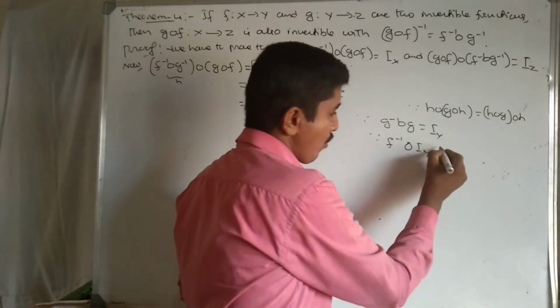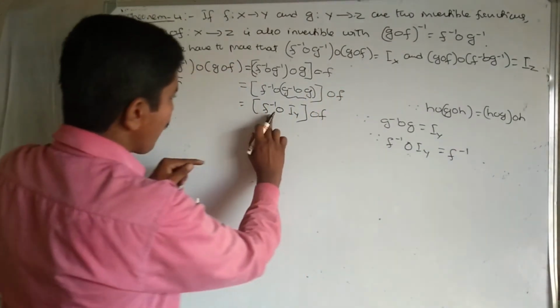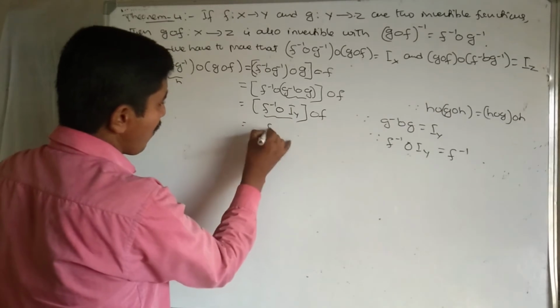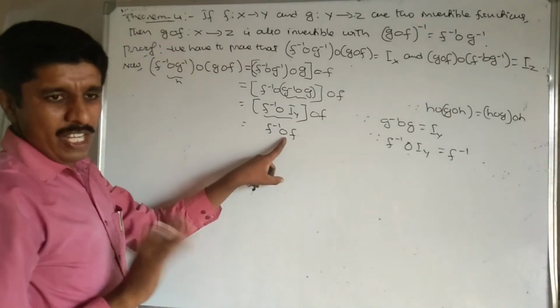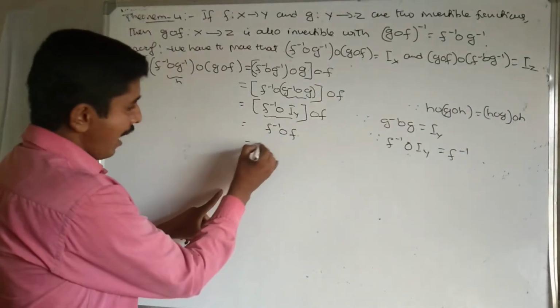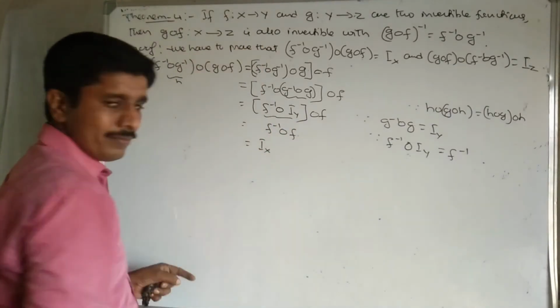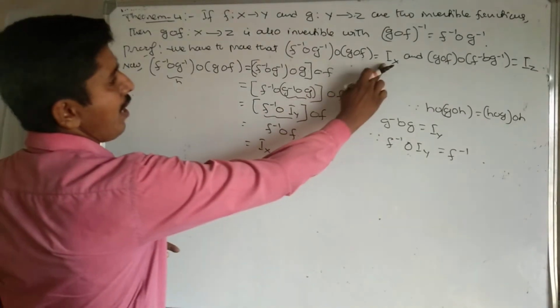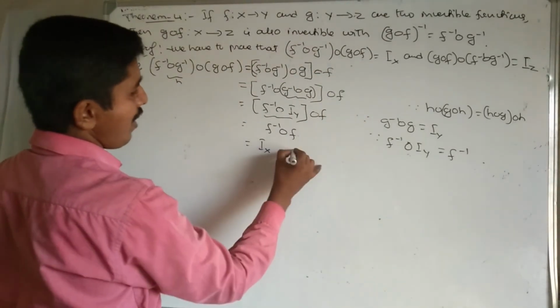F inverse I Y equal to F inverse. Here F inverse I Y value is F inverse. This is here OF. Given that F is invertible, clearly F inverse OF equal to identity function, here F domain, I X. This is LHS equal to RHS I X, called equation 1.